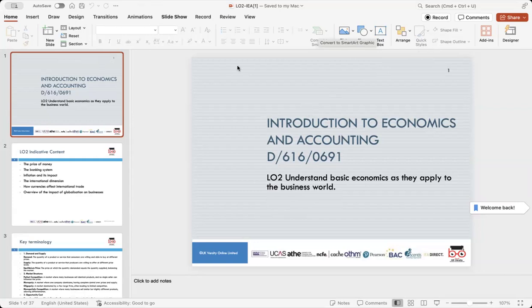Welcome to our second session where we will continue exploration of basic economics and its application in the business world.